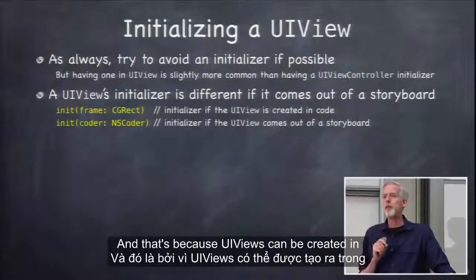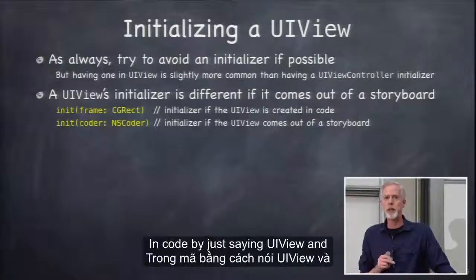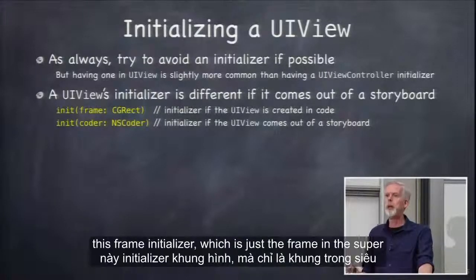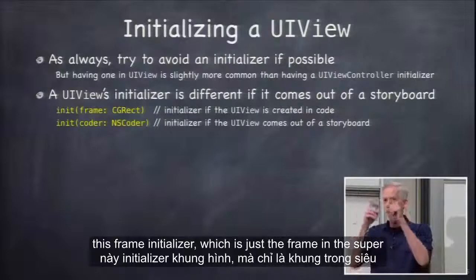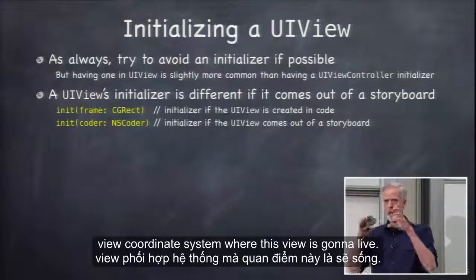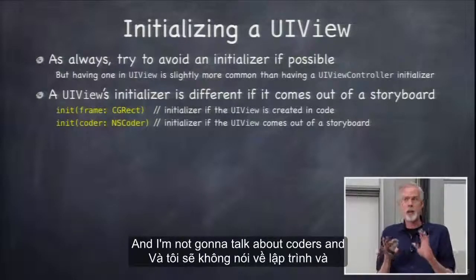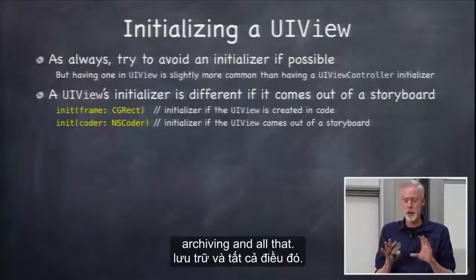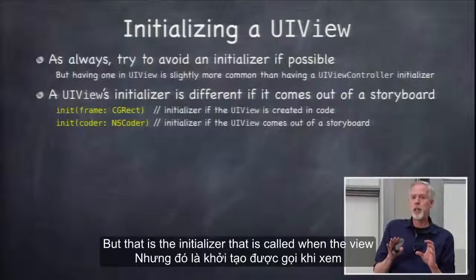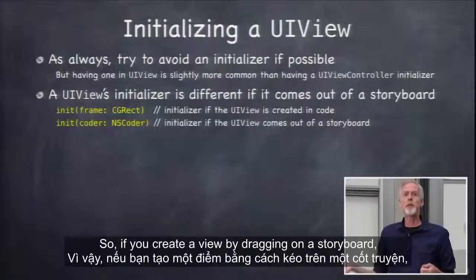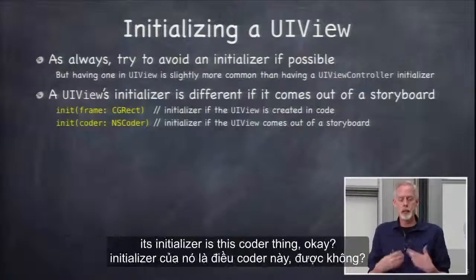And that's because UIViews can be created in two different ways. In code, by just saying UIView and this frame initializer, which is just the frame in the superview coordinate system where this view is going to live. But then there's also this init with coder, and I'm not going to talk about coders and archiving and all that, but that is the initializer that is called when the view comes out of a storyboard. So if you create a view by dragging out in a storyboard, its initializer is this coder thing, okay?